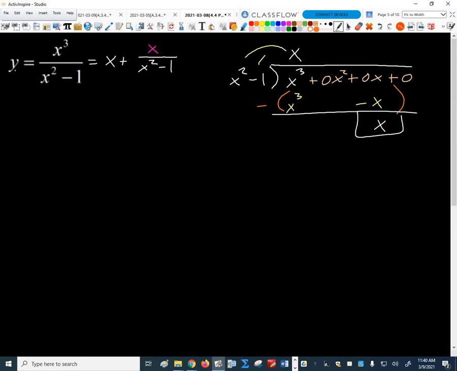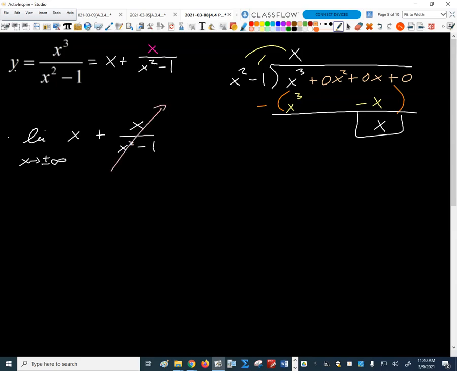right? And so now if I take the limit of this, the limit of x plus x over x squared minus 1, as x approaches plus or minus infinity, look what happens. I get this rational function here where the bottom is bigger than the top.